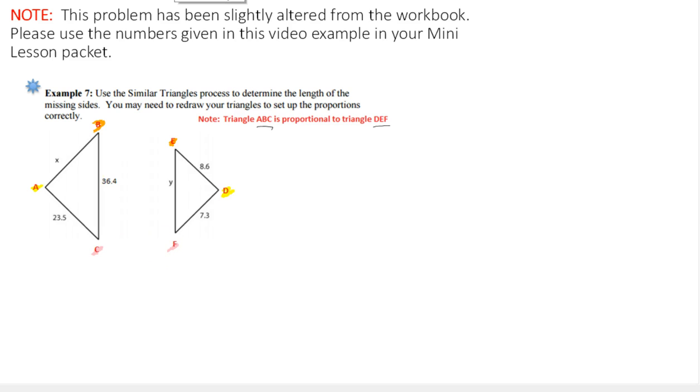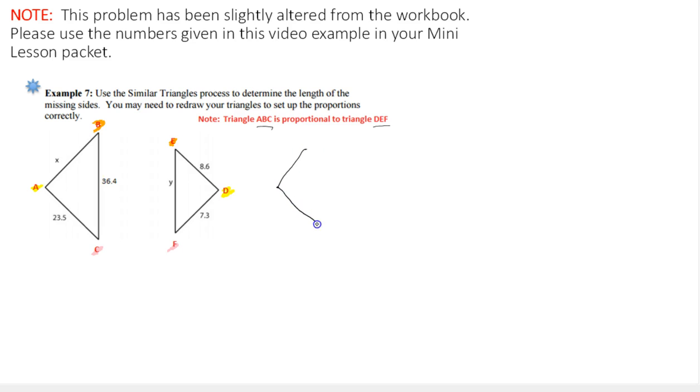Okay. Like the direction said, we could redraw these just so we can see how they correspond. Maybe you can see, since these two match up, these two match up, and these two match up, you could think about flipping this side, the D side, with respect to this line right here, and then they would look more similar. They are similar anyway, but you could see how they correspond more easily.